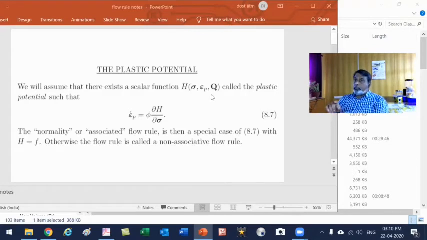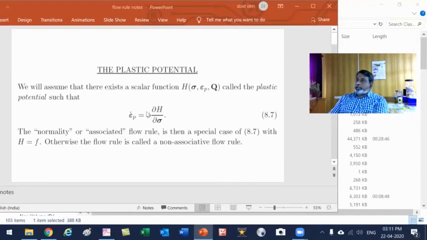So, we assume that there exists a scalar function H, which is a function of stress sigma, plastic strain, and a set of internal variables Q. Some of the internal variables that we know are the isotropic hardening parameter, kinematic hardening parameter, and so on. They explain what change has occurred internally in the material.